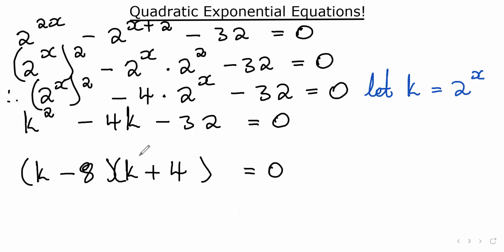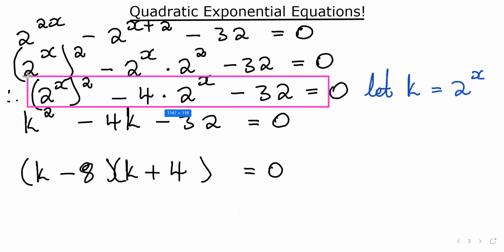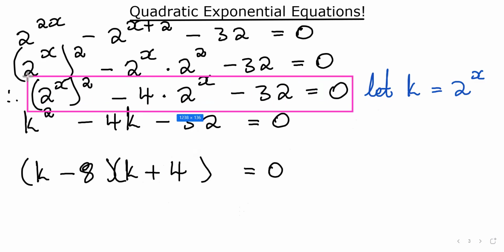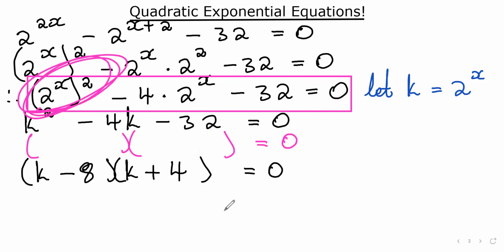But if you didn't use the k substitution method, you just had this and you want to factorize this, then you could have decided to open your two brackets and then say this is equal to 0. Then you say, what are factors of 2 to the x, which is all squared? That's going to be 2 to the x as well as 2 to the x.